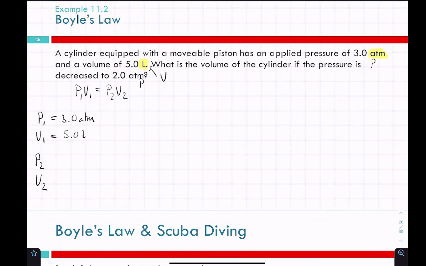Those are sort of linked together in the sentence. And so that'll make 2.0 atmospheres, or P2. And then the question also asks, what is the volume of the cylinder if the pressure is decreased? So we're going to be looking for volume.